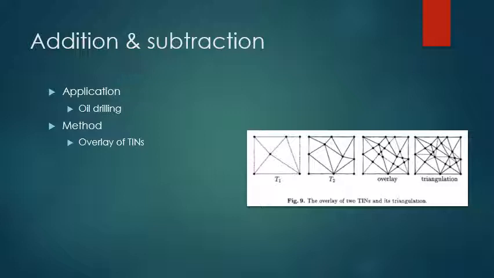You can place T2 on top of T1, which will lead to faces having 3, 4, 5, or 6 edges that need to be triangulated, which is trivial. And there are 3 cases of elevation nodes. You have the original vertices in T1, where you basically take the value from the vertices in T1 and add the interpolated value in that point of T2.